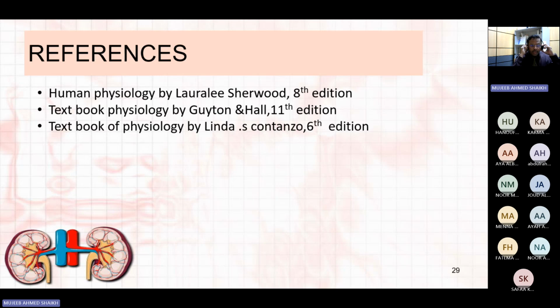And what is the minimum quantity of urine one person should pass to get rid of these abnormal solutes or waste products. This is called the obligatory urine volume. Okay, so this is all about reabsorption.